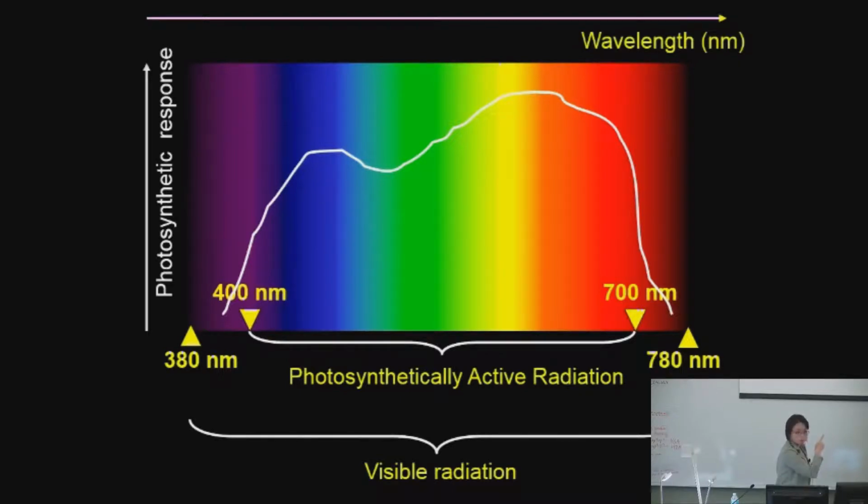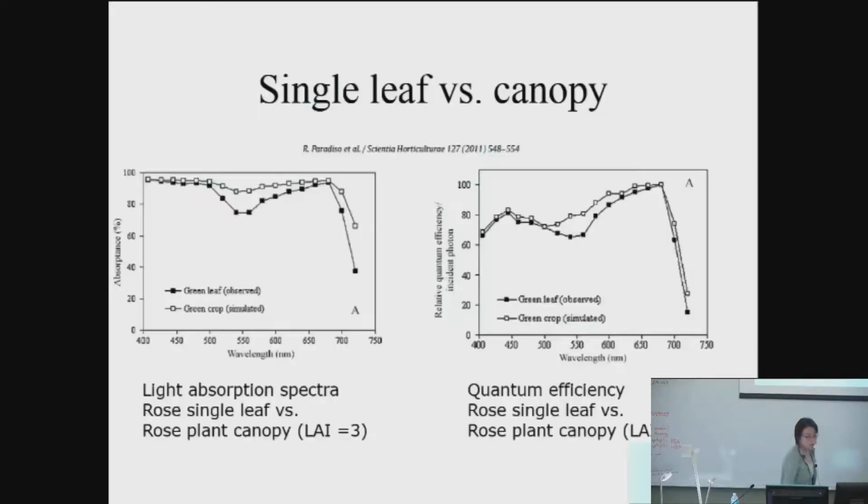But it is single-leaf based. So researchers wanted to see what the canopy-based response is, and whether the blue and green relationship is still the same in the canopy. So a Dutch research group did this theoretically. This is the absorption, and this is the quantum efficiency. Both show solid symbols as the leaf response and open symbols as the canopy response.